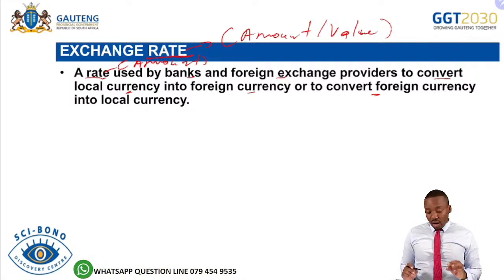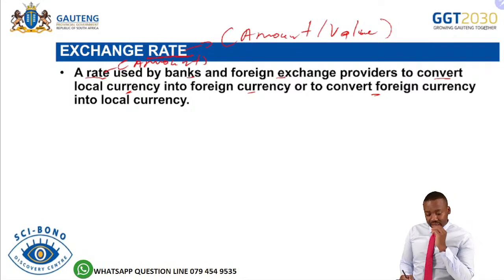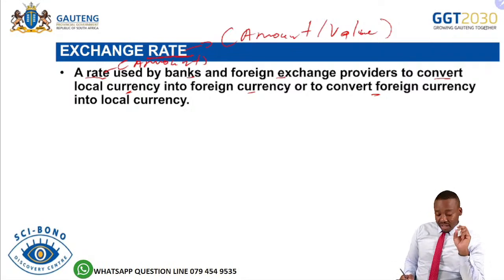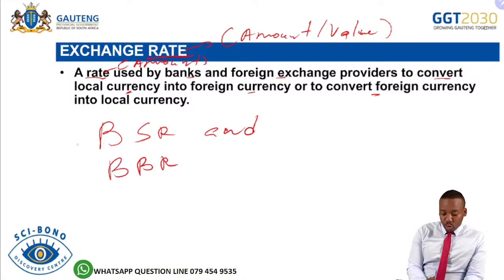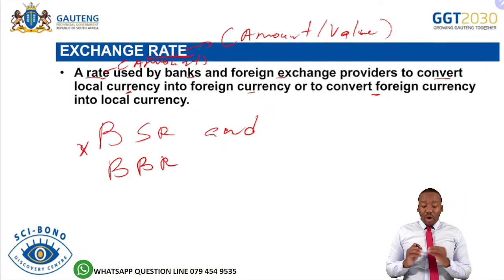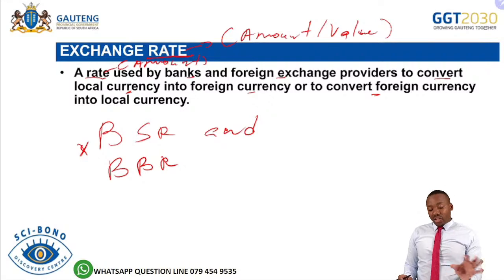But in grade 12, these exchange rates are divided into two. Hence, we're going to be talking about the bank selling rate and the bank buying rate. So in grade 11, we called them what? Exchange rate. But now when we get to grade 12, our exchange rates are divided into two. We have the bank selling rate and the bank buying rate.